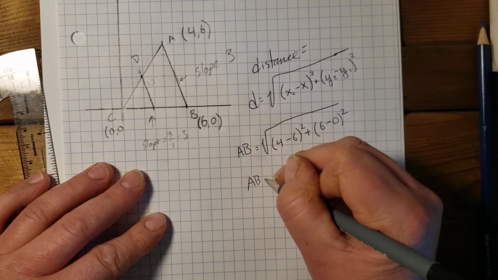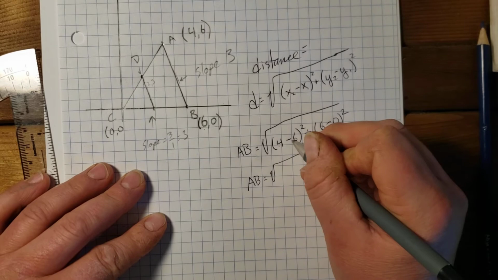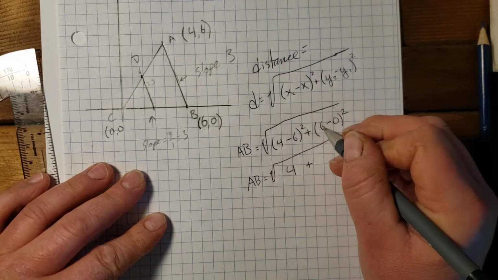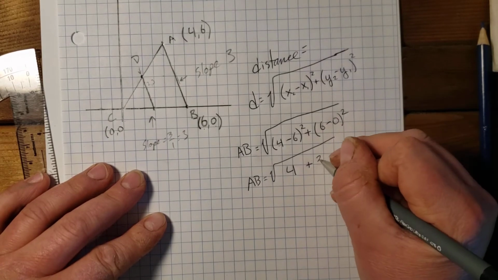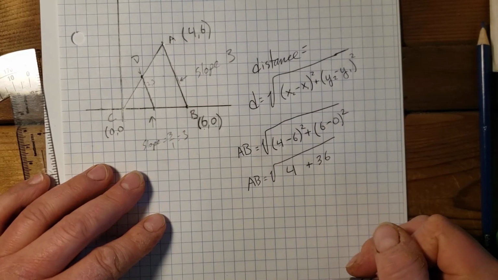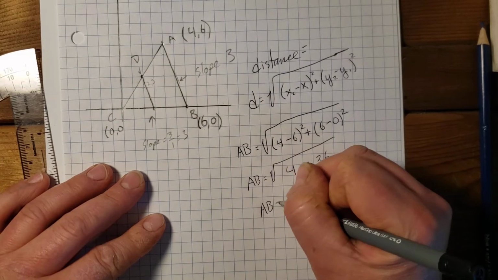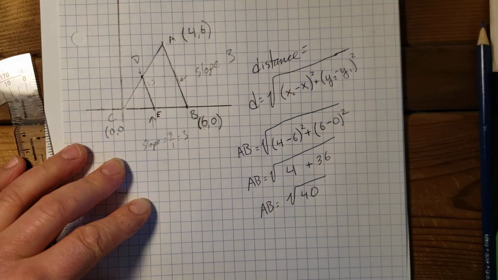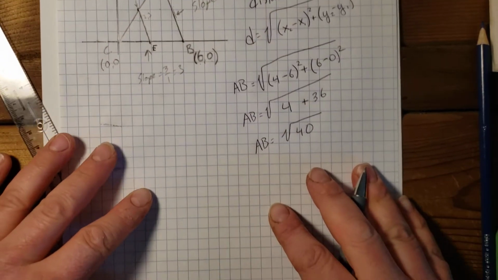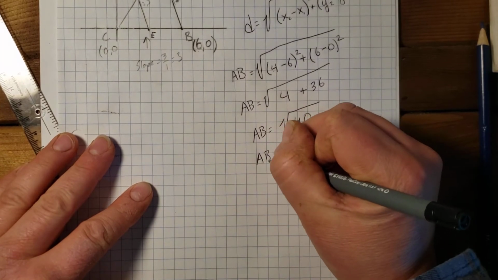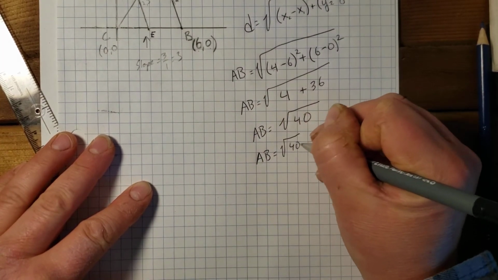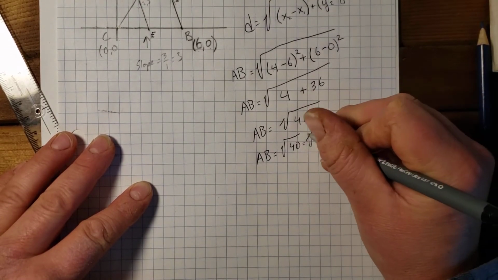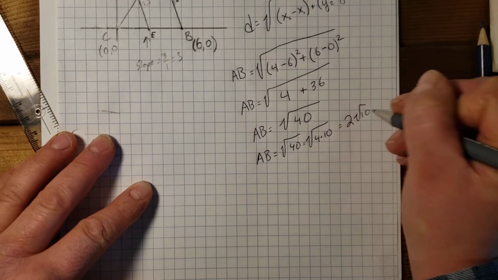So AB is equal to the square root of negative 2 squared, which is 4, plus 6 minus 0, which is 6, squared is 36. So AB is equal to the square root of 40. If we wanted to finish that out, the square root of 40 is equal to the square root of 4 times 10, and we can pull the 4 out, so that's 2 times the square root of 10.